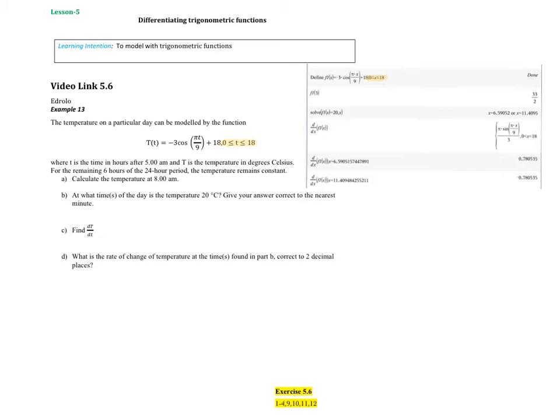All right, so we've got our function defined, where t is the time in hours after 5 a.m. and T is the temperature in Celsius. For the remaining 6 hours of the 24-hour period, the temperature remains constant.